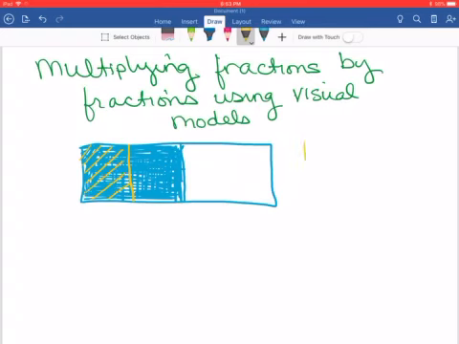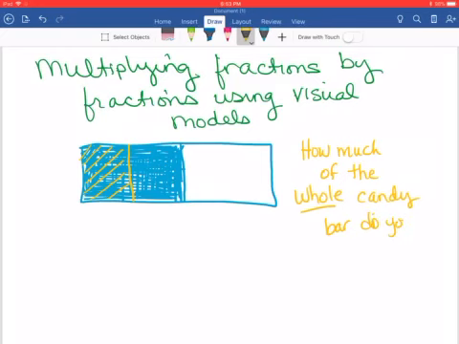The question is, how much of the whole candy bar do you have?